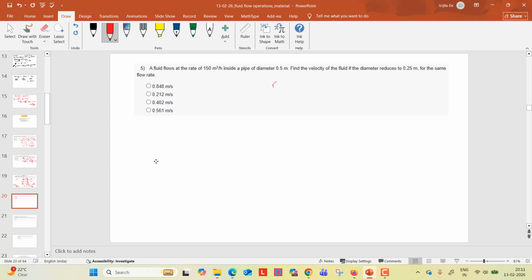Q equals 150 meter cube per hour. That means it has to be divided by 3600 to become meter cube per second. Then only we write Q equals VA, right?